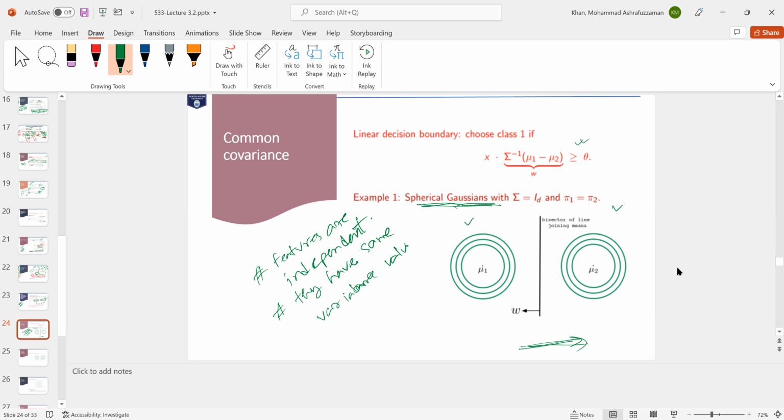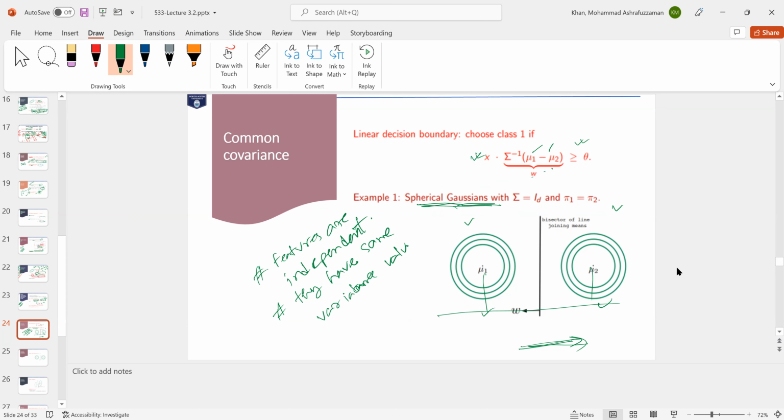But this is telling about the mean. Mean should be the same? We can check from the figure. Mean values have different magnitude, so mean values are not the same. Only the covariance matrices are the same, because they are independent and have the same variance values. So we'll find a decision boundary based on this term only.